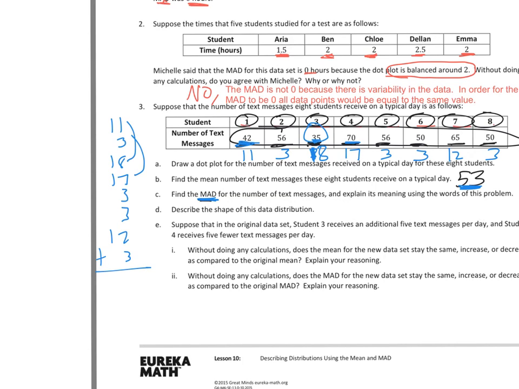It's 10, 19, 25, so it's 30, 5, 6. So I get 70. And now I'm going to take that 70 and I'm going to divide it by how many data points I had. 1, 2, 3, 4, 5, 6, 7, 8. And once I do that calculation, that'll give me my mean absolute deviation. So I'll leave that calculation to you.